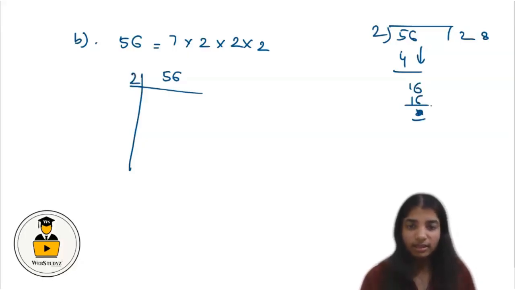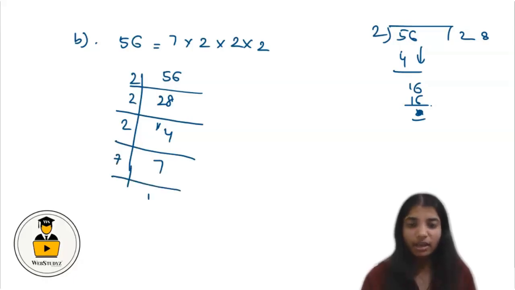When 56 is divided by 2, we get 28. When 28 is divided by 2, we get 14. When 14 is divided by 2, we get 7. And when 7 is divided by 7, we get 1. So the prime factors of 56 are 2 multiplied by 2 multiplied by 2 multiplied by 7.